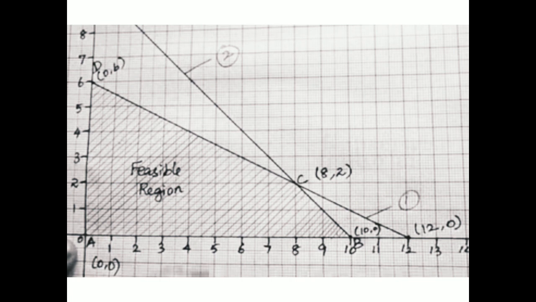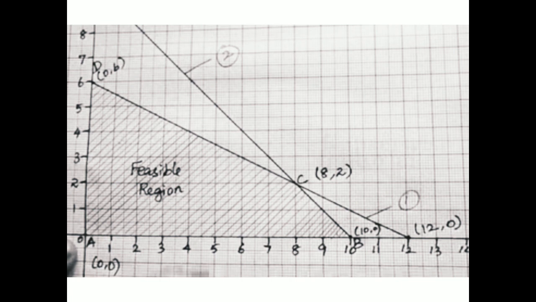Now you can easily find A, B and D, but if you have any confusion regarding point C, you can see that these two lines intersect at point C. If you are not able to find it properly from the graph paper, you can also find it by solving the equations.